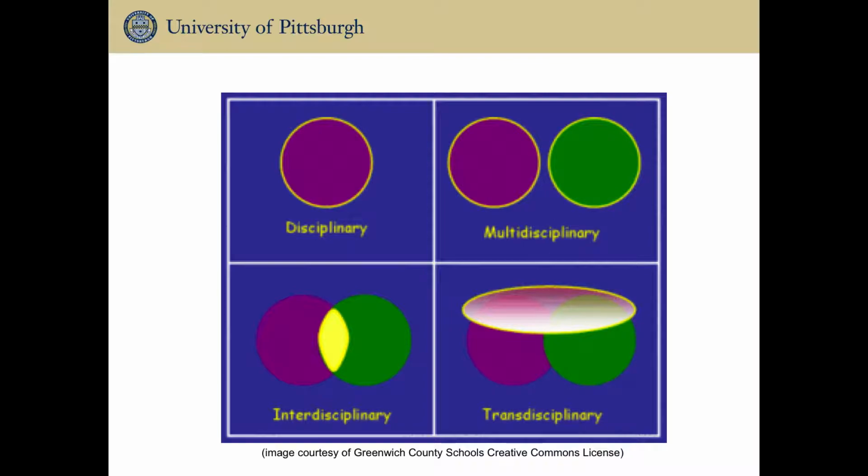You tend to see this more in higher level subject areas because it actually produces a new discipline. Biophysics or bioengineering are examples of interdisciplinary teaching. That's actually a new discipline, but it still begins with the content in mind and merges those together.